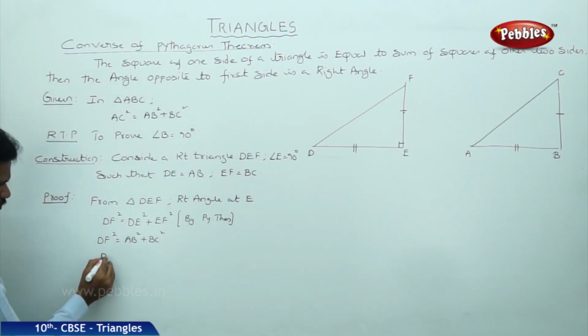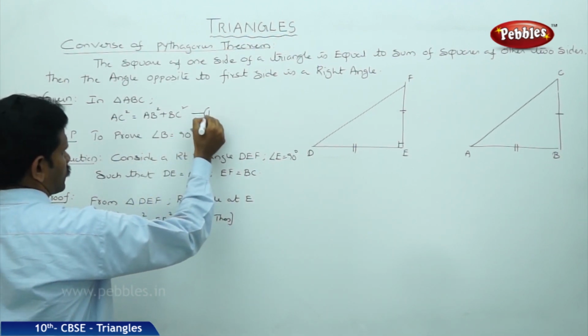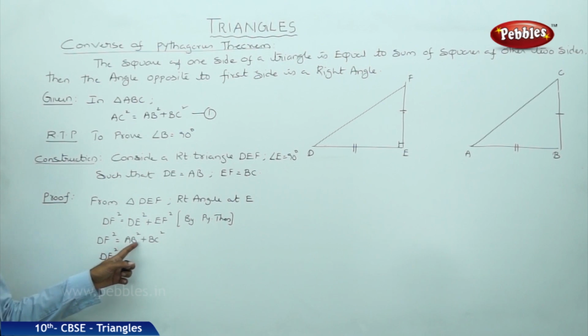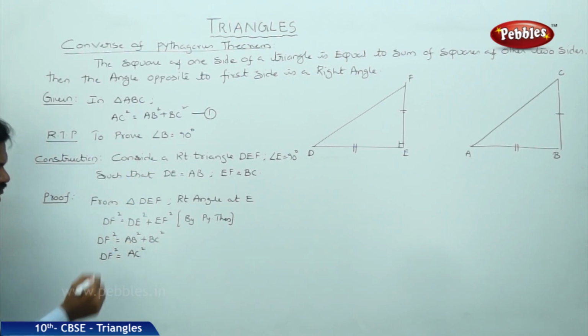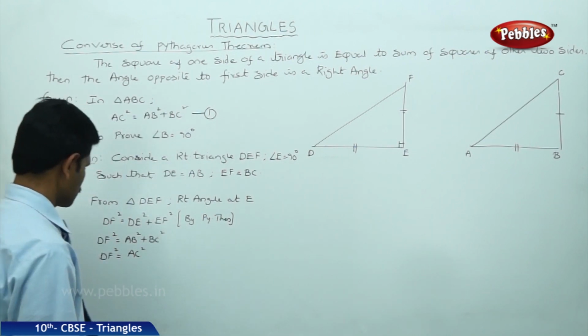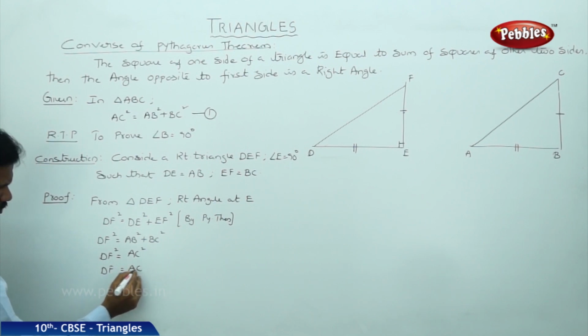That is DF square is equal to, from equation 1, AB square plus BC square, nothing but AC square. Cancel the squares on both sides. DF is equal to AC.